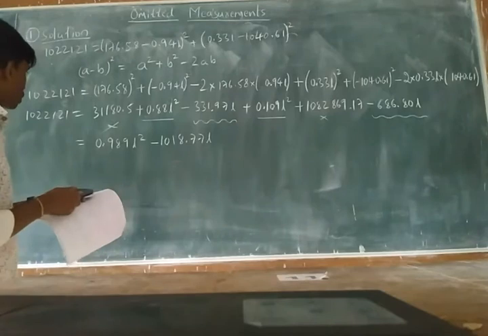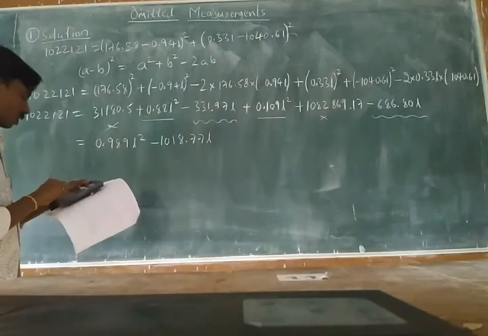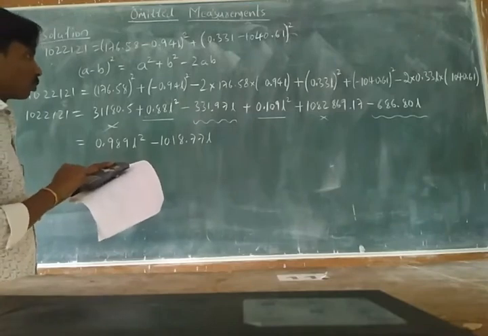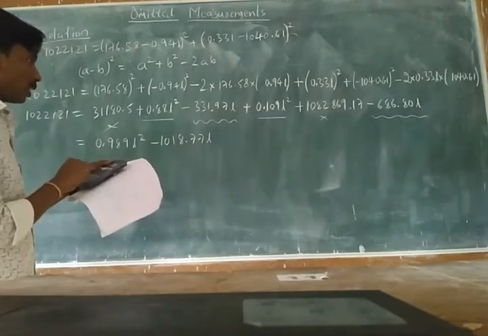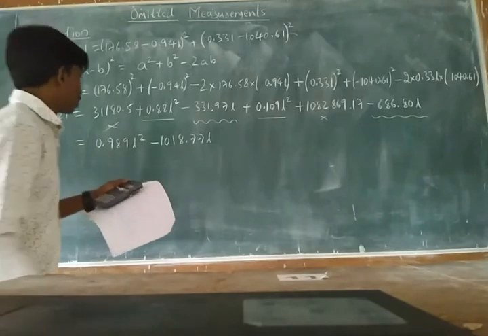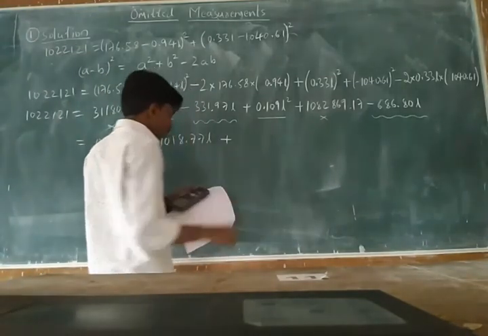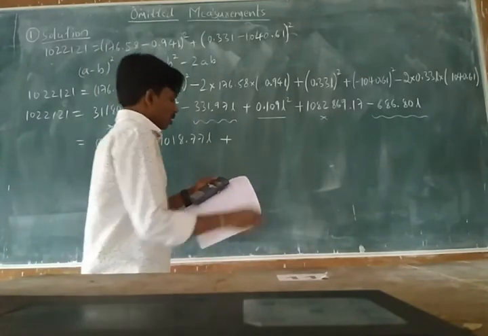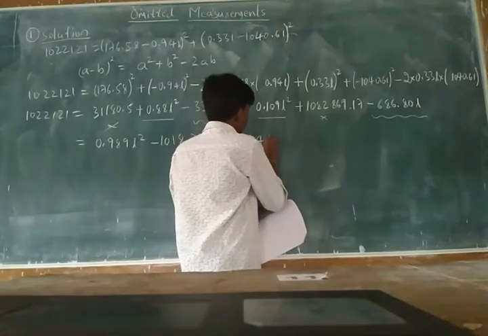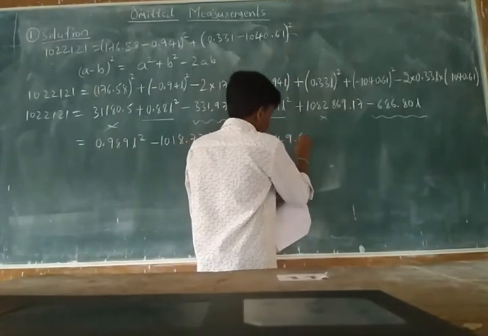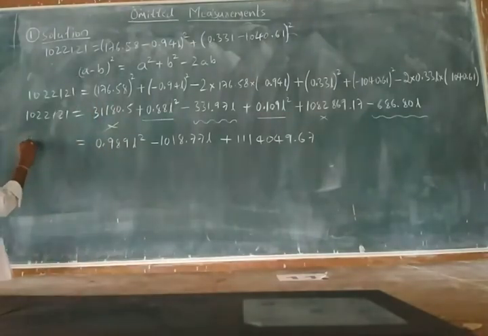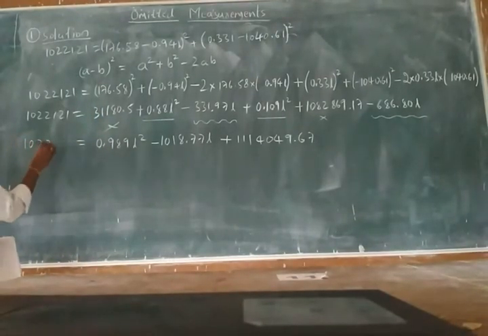So that is 31180.5 plus 1082,869.17. Both the values are in plus, so we have to take the plus. That will become 114049.67. So here this as it is 1022.121.